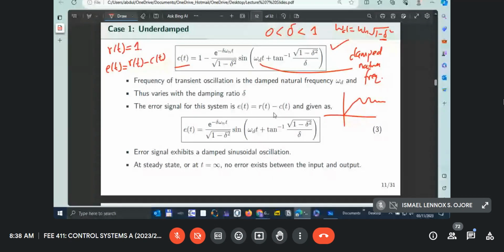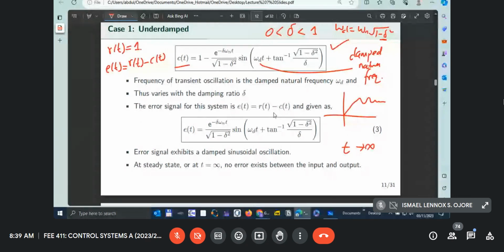So 1 minus this, the 1s cancel, and then minus with minus is positive. That's why we have this equation here. And as t goes to infinity, we can see this value goes to 0.